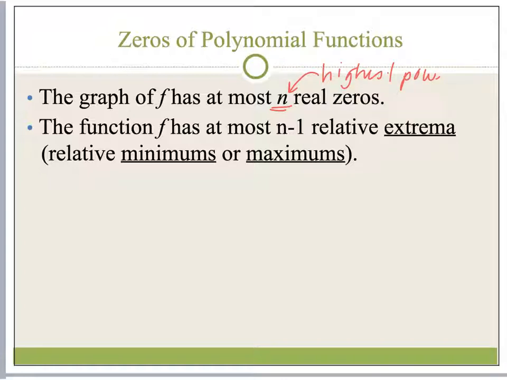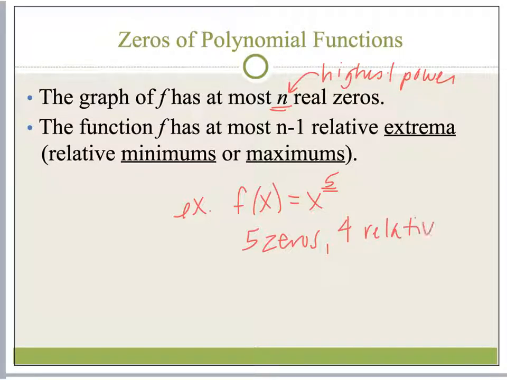So for example, if I have a function that is x to the 5th, what I know about this, because that's 5, is that there are 5 zeros and there are n minus 1, so 4 either maxima or minima. And that's all that means. So just look at your highest power. You should have that many zeros.